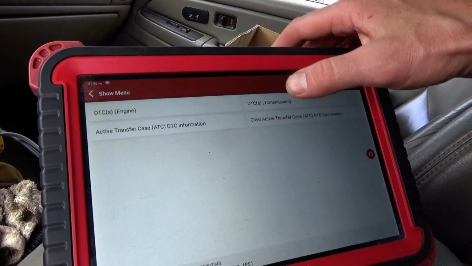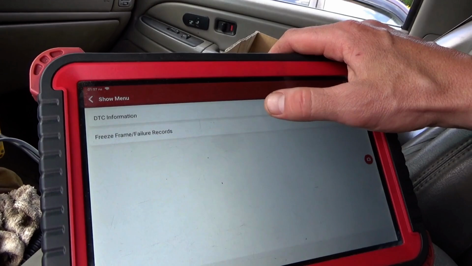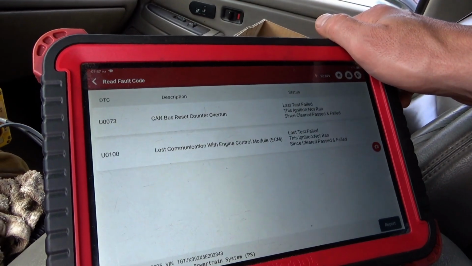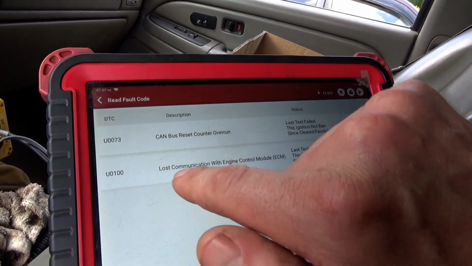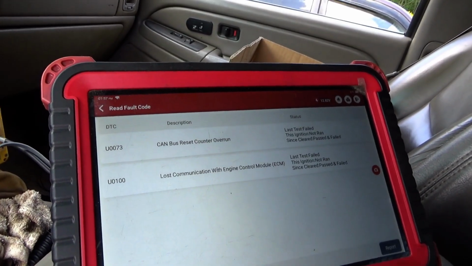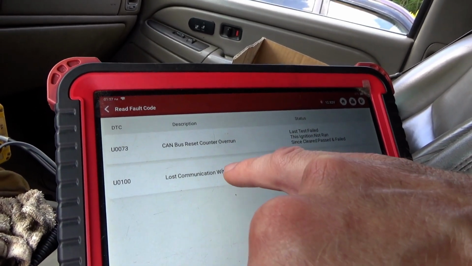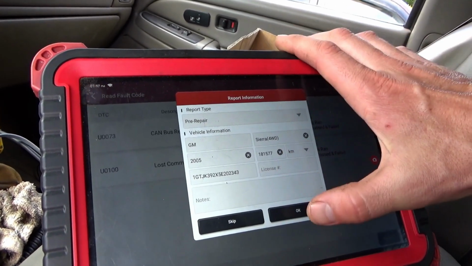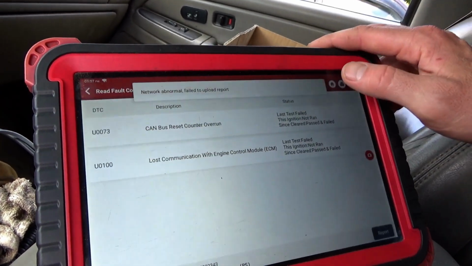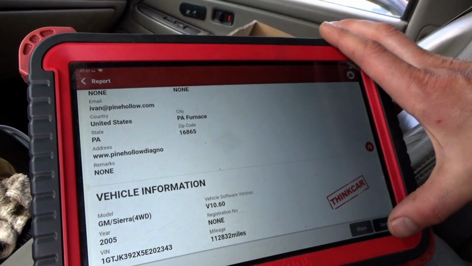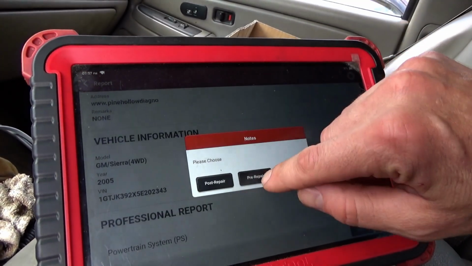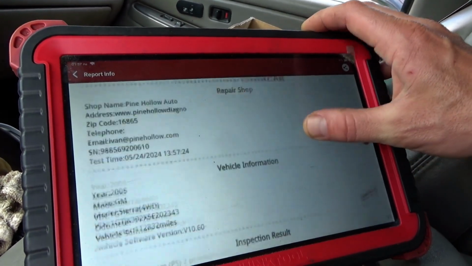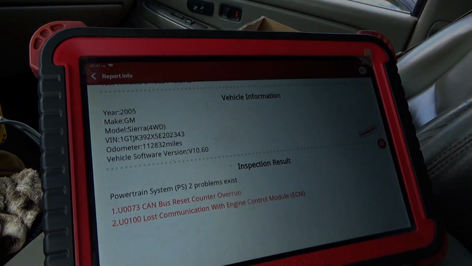Why is the 0700 setting? And the transmission says lost communication with ECM. That's interesting. So the module's online, but they can't talk to each other. So we definitely need to look up the wiring diagram for this network layout. So we'll save the codes from the TCM separately, since that wasn't in the health report. There they are. Now let's do some research.